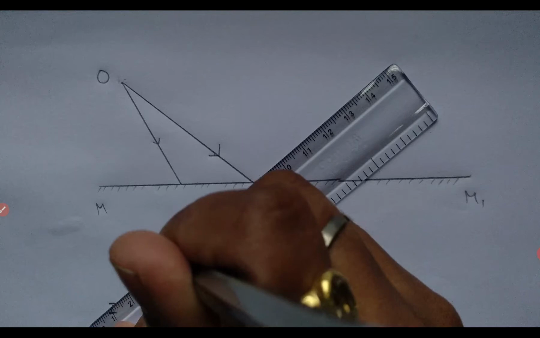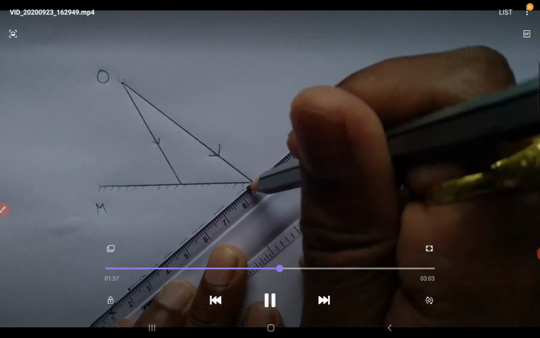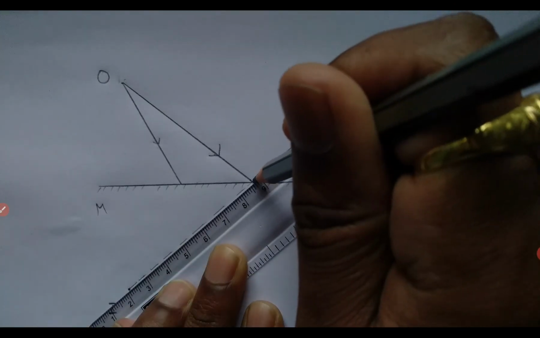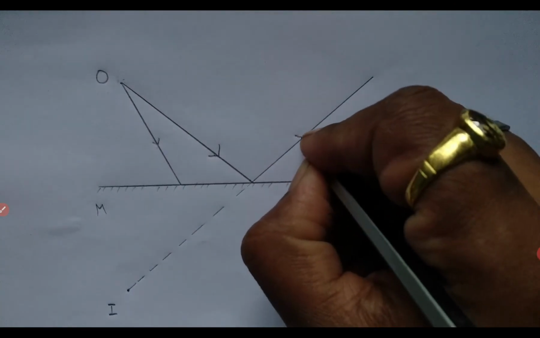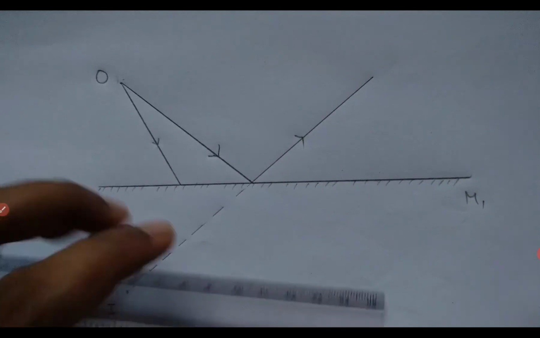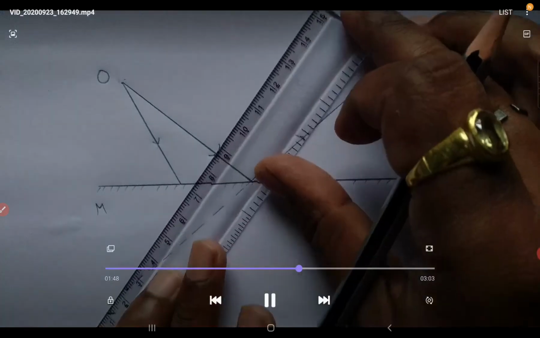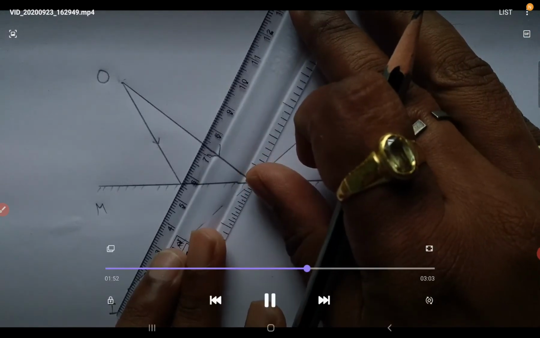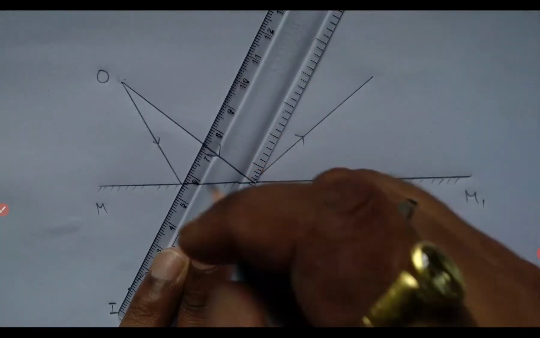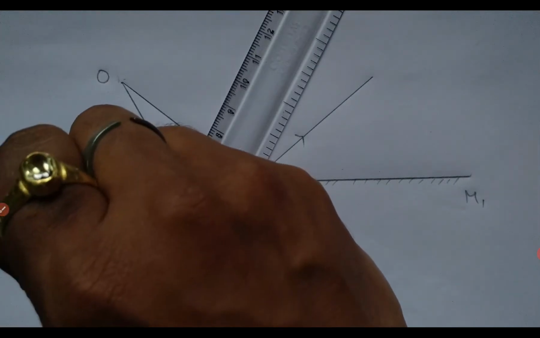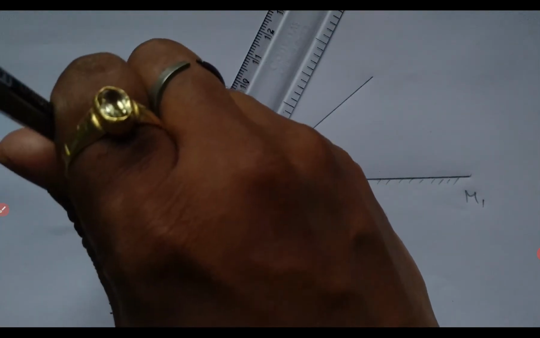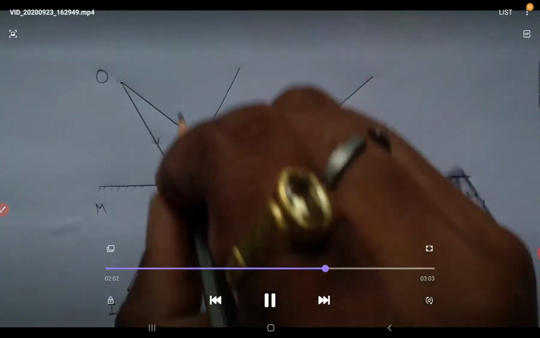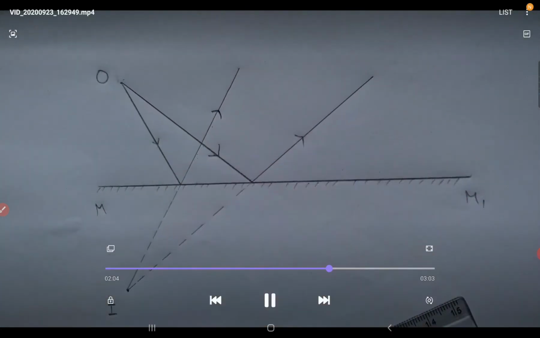As you can see, I got the reflected ray from the point of incidence. Now I proceed with the same step with the second ray also. I am making the dotted lines starting from the image I, and then I shall get a reflected ray also.